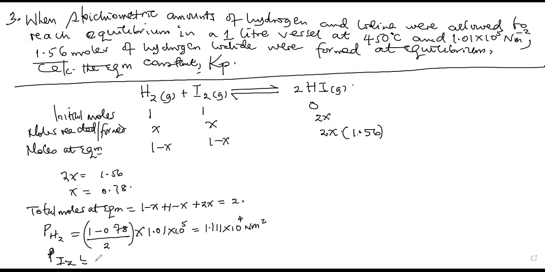Pressure of iodine is the same, because you get moles of iodine, divide by total moles, multiply by total pressure. Don't say that they are the same and you don't show the working. So it is 1.111 exponent 4 newtons per meter squared.